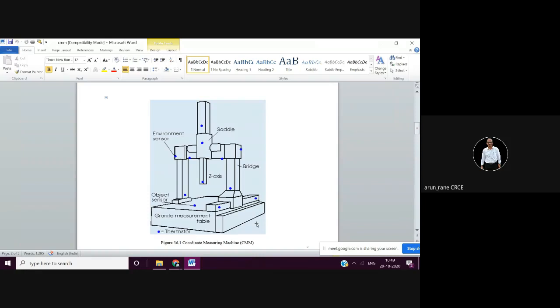Suppose you are inspecting a particular piece at a particular temperature, speed and humidity, and once you deliver these components to the customer, at the site the temperature and humidity may be different, and metals have properties of expansion, contraction, etc.